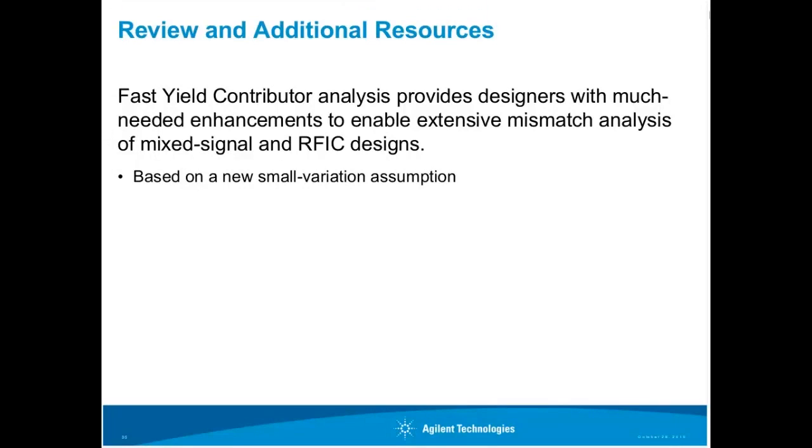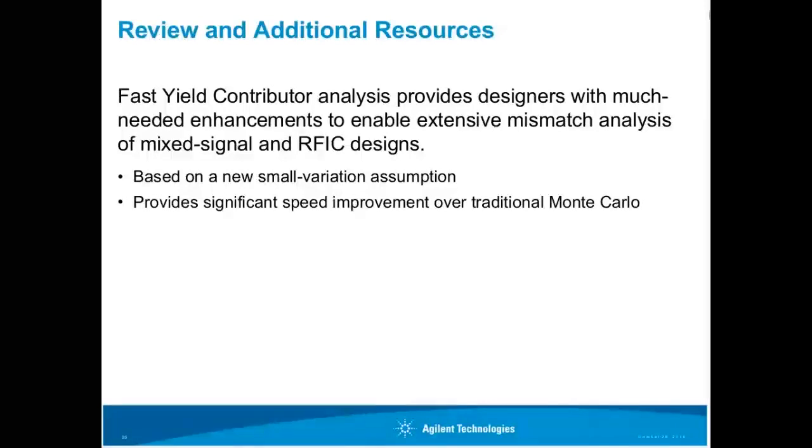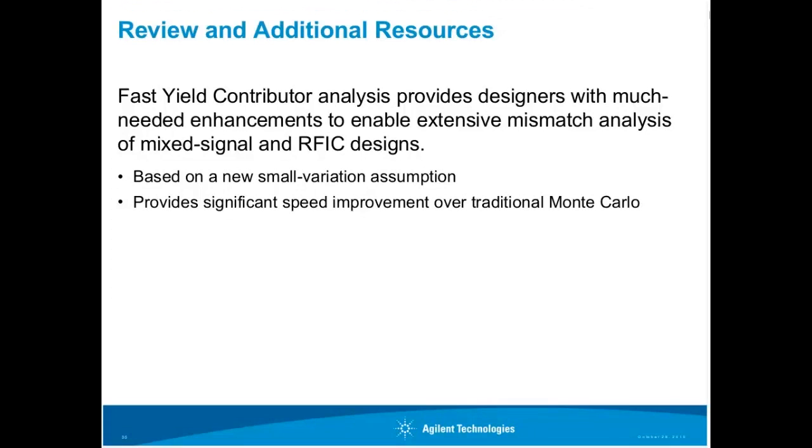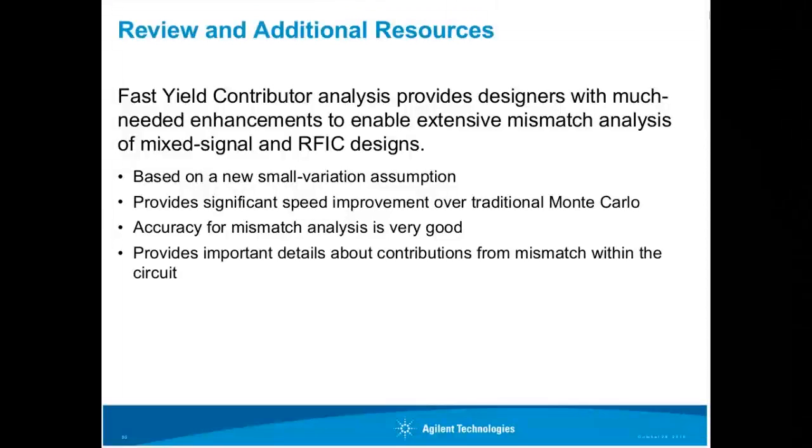That assumption gets you very significant speed improvement, especially in harmonic balance, over traditional Monte Carlo mismatch techniques, but it's also extremely accurate for mismatch analysis. And finally, you get additional information about what is impacting the figure of merit for my design that you simply can't get from normal Monte Carlo or even from your measurements.